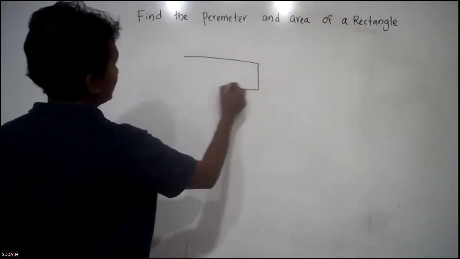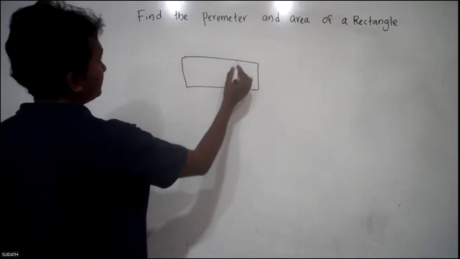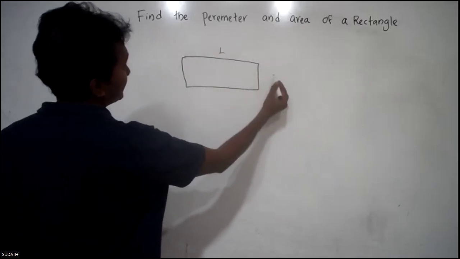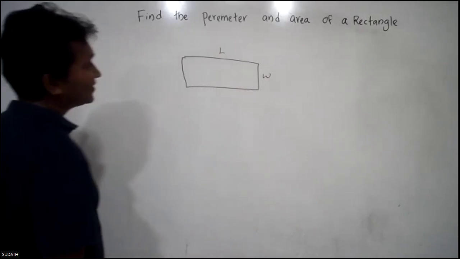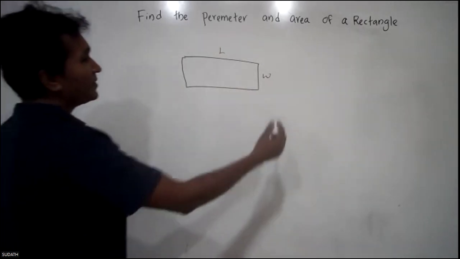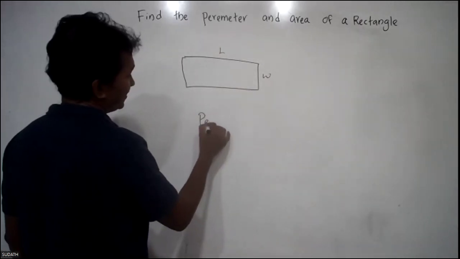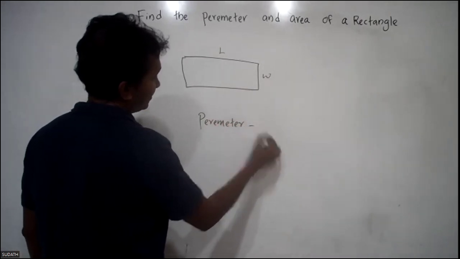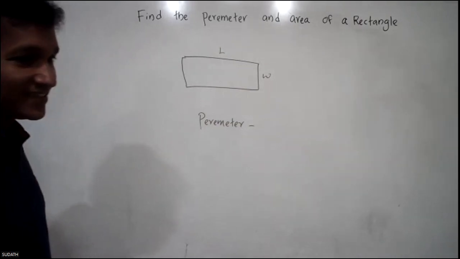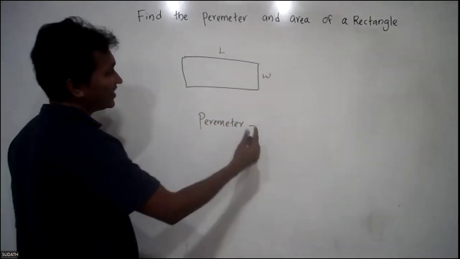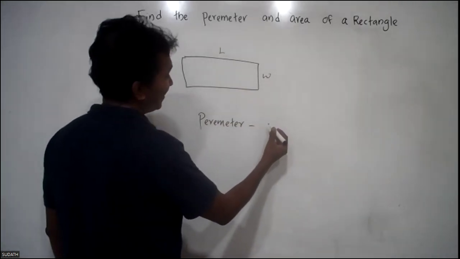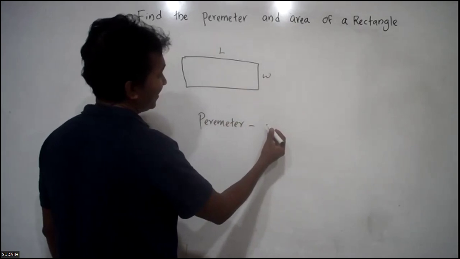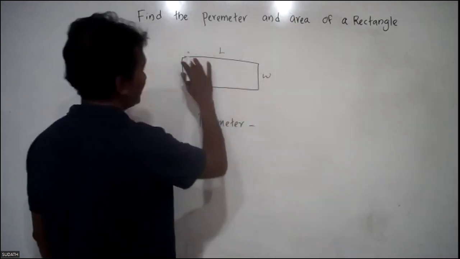So this is our rectangle. So there is a length and width. So how do we find the perimeter? We should first get the length and the width of the rectangle.